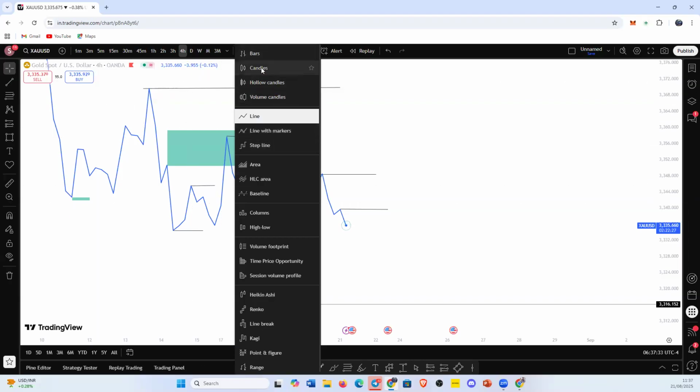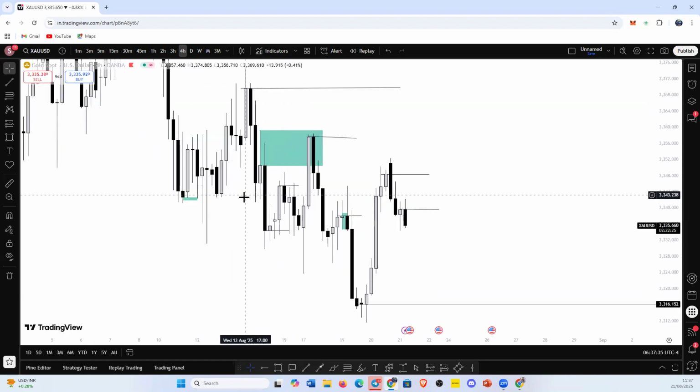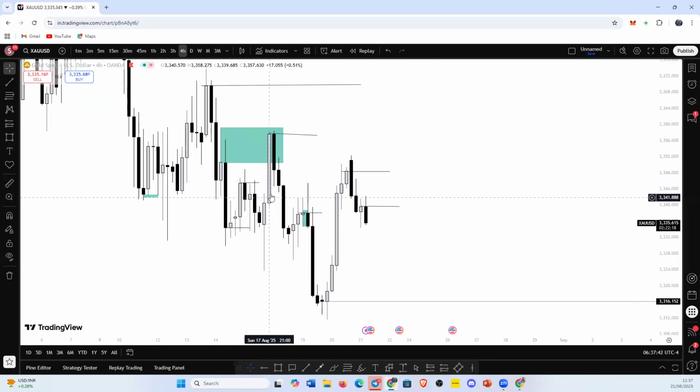And after that, we spoke about head and shoulder. What we mean by head and shoulder is where there's a failed attempt twice in reacting to a particular level. At this level here, you are expecting price to react.